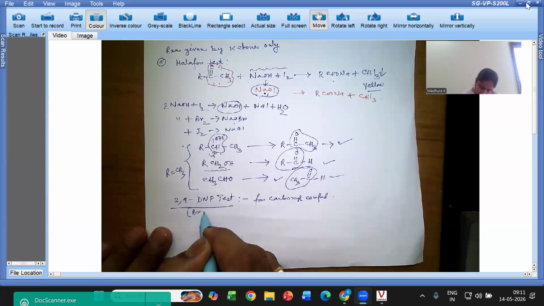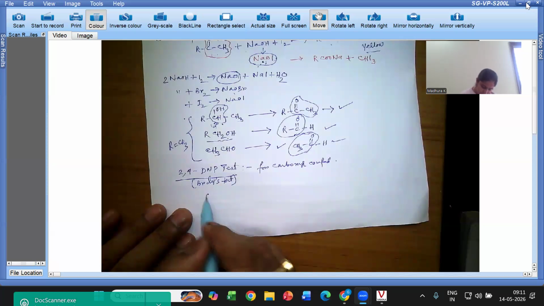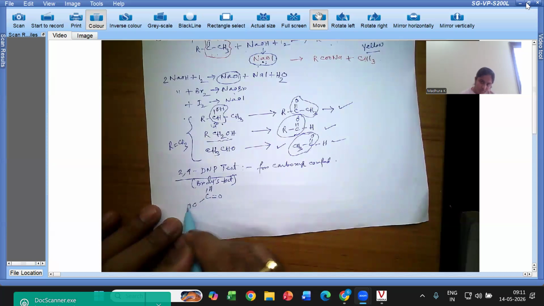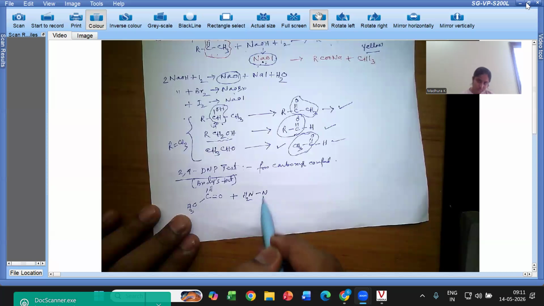Now the chemistry behind that: suppose you take any carbonyl compound. What is 2,4 DNP? 2,4 DNP is 2,4 dinitrophenylhydrazine. What is the hydrazine structure? This is the hydrazine.